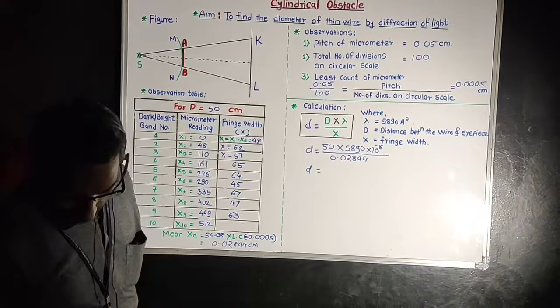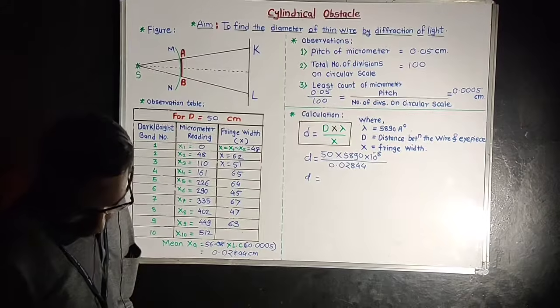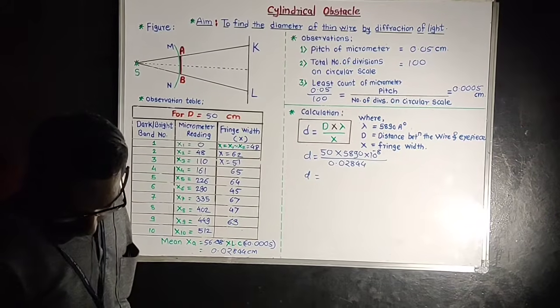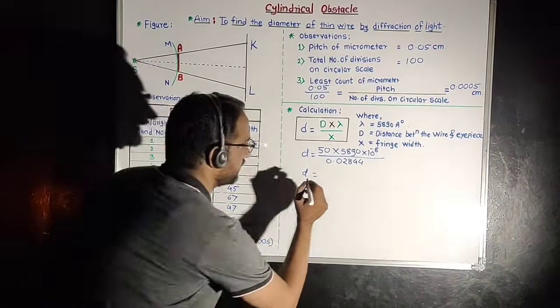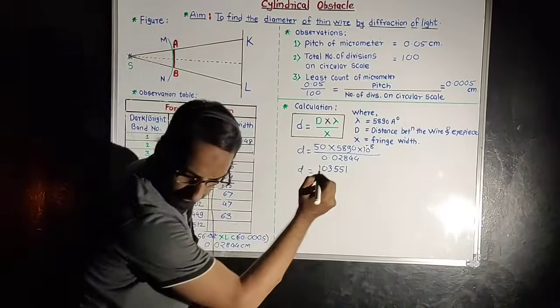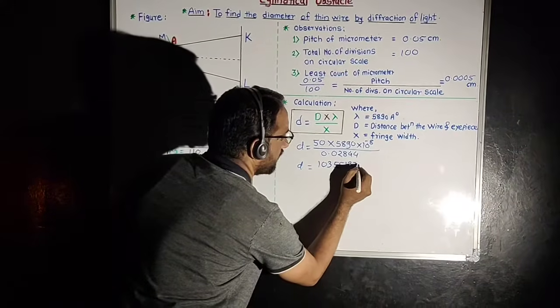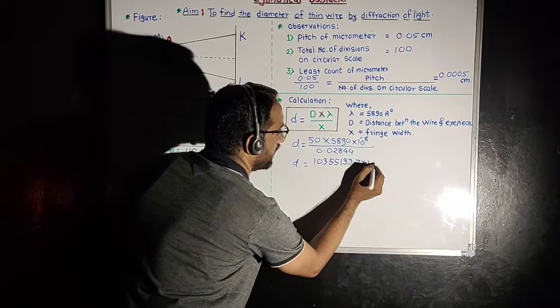D is equal to the product of 50 into 5890 is 103551. I will write here 103551, divided by 33.7 into 10 raised to minus 8.